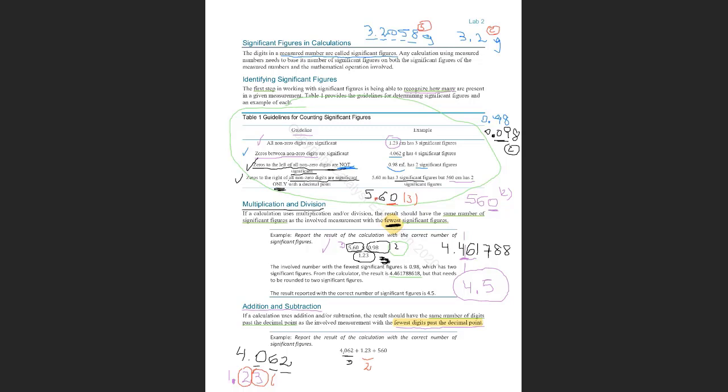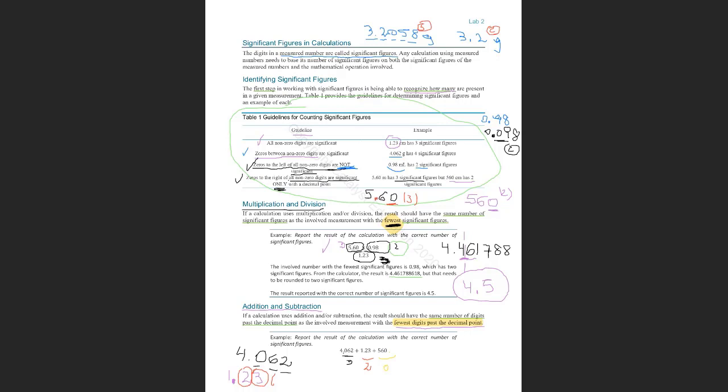And how many digits? Let's look now at the last number, 560. How many digits do I have after the decimal point? Where is the decimal point? 0. Awesome. Exactly. The decimal point is here. So I have 0.